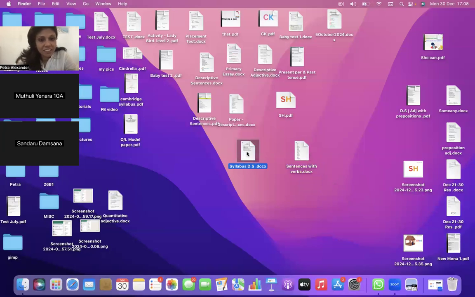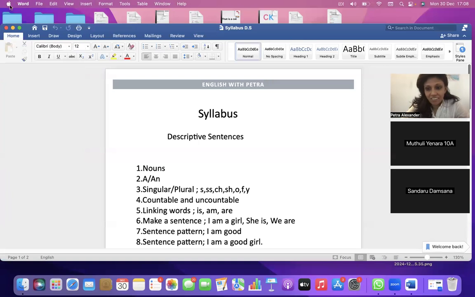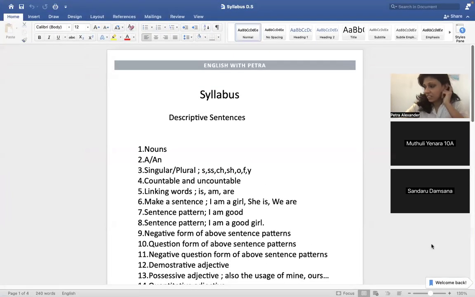All right, this is the syllabus. Okay, Chameli and Javindu joined. Avindu is not there today.